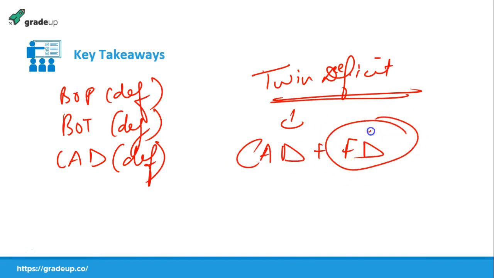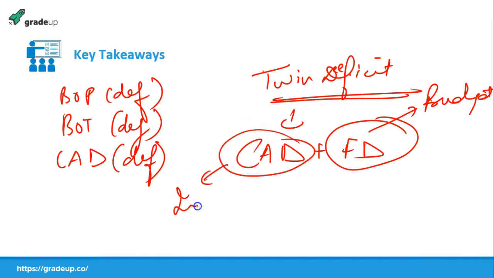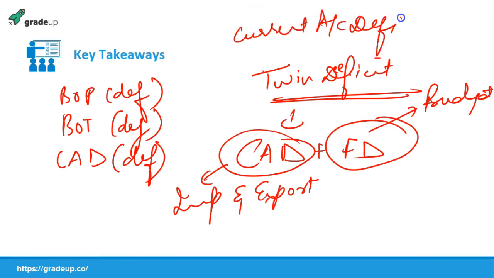Fiscal deficit is related to the budget, if you remember, and current account deficit is related to import and export. If a question says India is facing the twin deficit problem, which among the following are referred to as twin deficit, the answer would be current account deficit and fiscal deficit. Both of them together are called twin deficit.